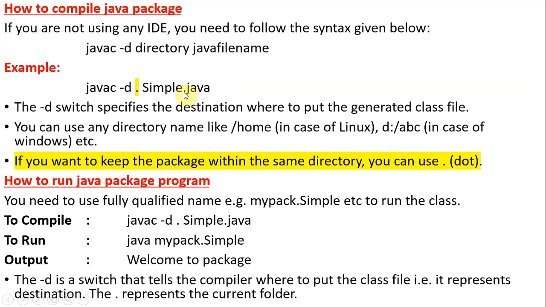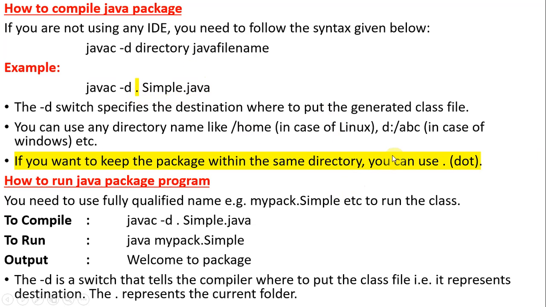If you want to place that class file in a specific directory, then you can go with minus D, which represents the destination. It puts the class file of this program into a specific directory. Just listen carefully: if you want to keep the class file in the same directory where you have the source file, then you can directly use the dot here.